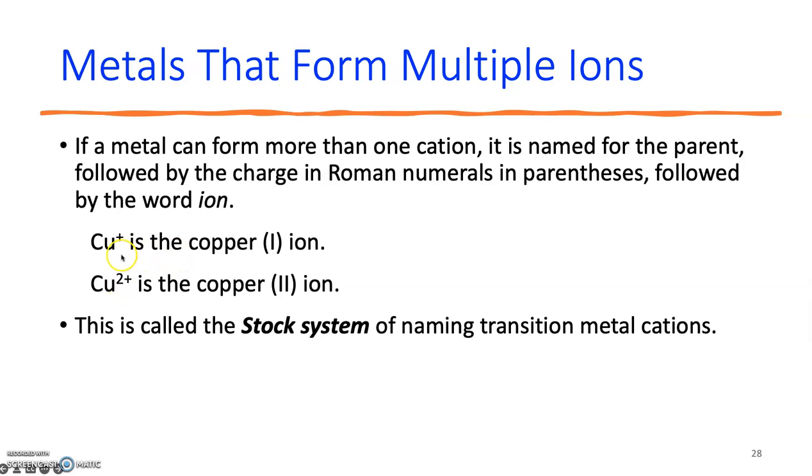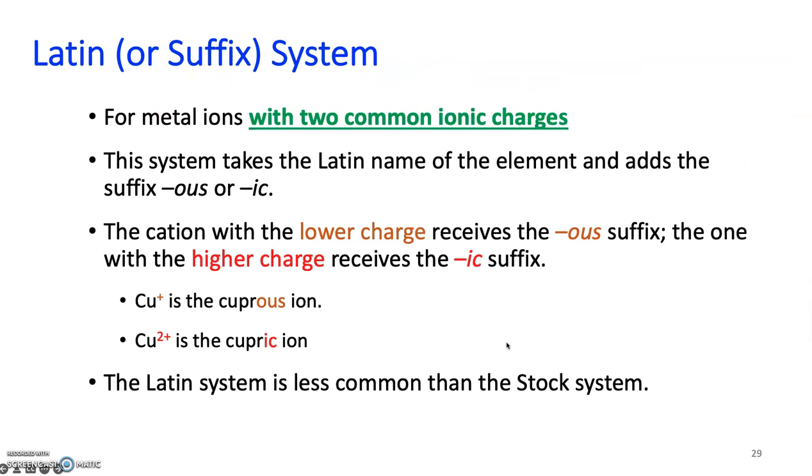For copper 1+, you will use the Roman numeral I in parentheses, so it's named copper(I) ion. For copper 2+, you will use the Roman numeral II in parentheses and name it copper(II) ion. This is called the Stock system of naming transition metal ions.